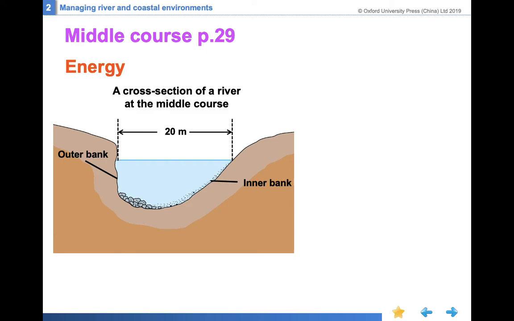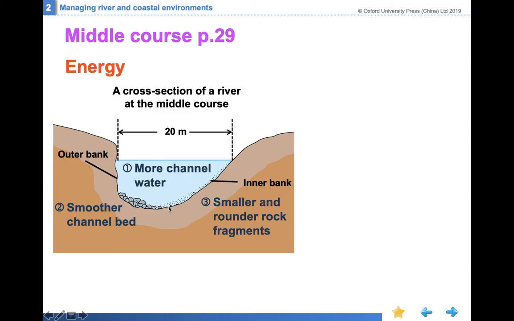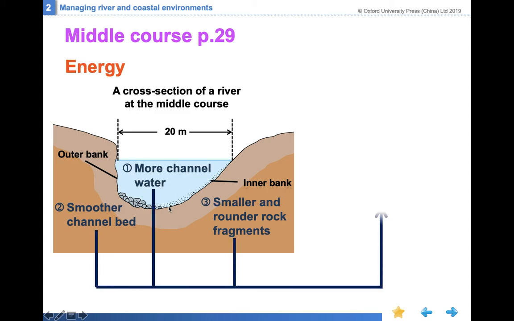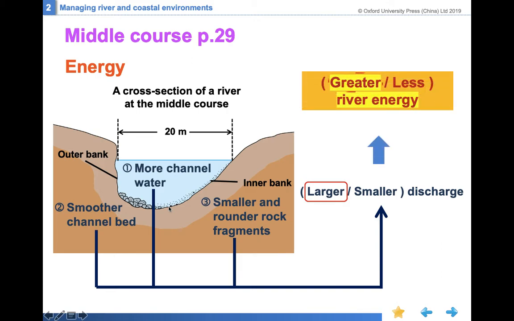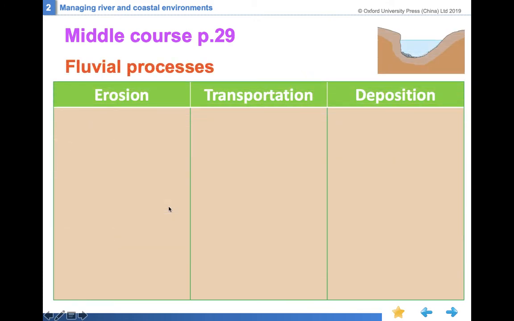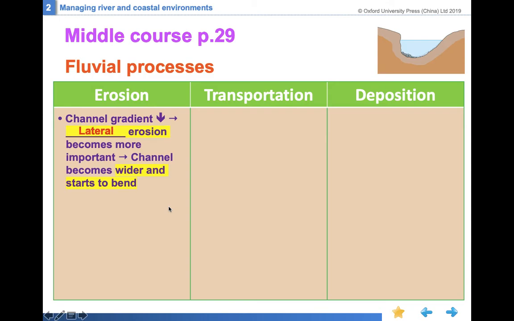For the middle course, the energy here, you could see, because there is more channel water, smoother riverbed, and smaller size of the rocks, will lead to larger discharge and also greater energy. And for the erosion here, because of the reduction in the gradient, lateral erosion might be more important, and thus the river channel becomes wider and starts to bend.